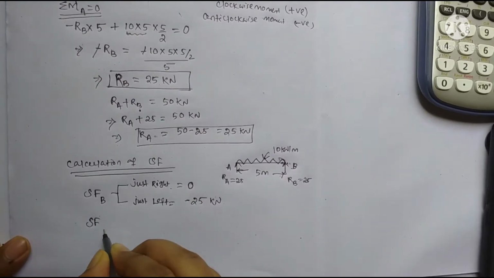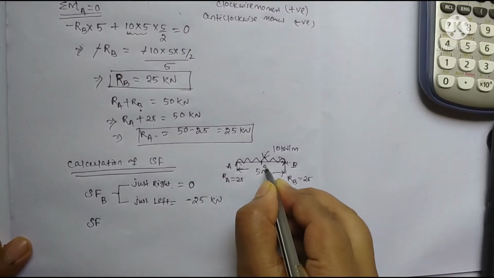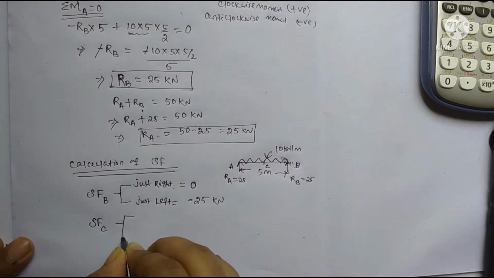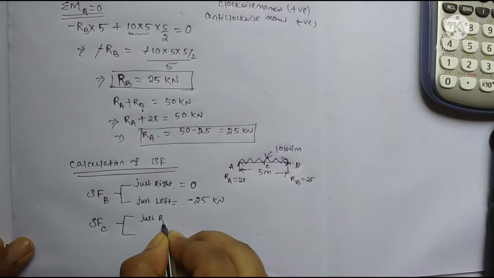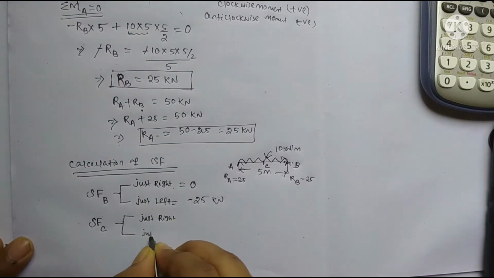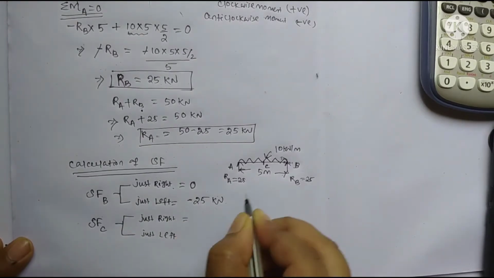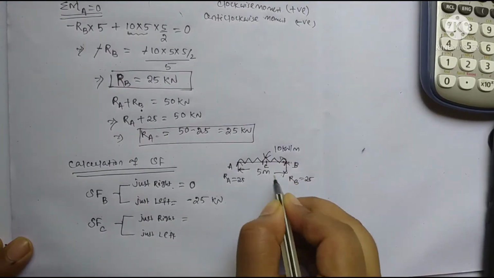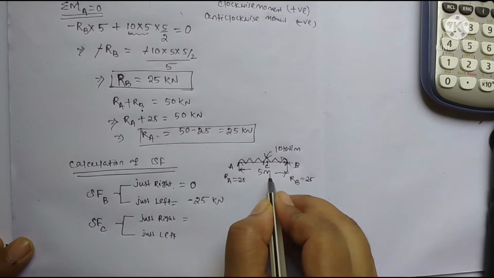Then shear force at point C, that is at midspan. So shear force at C, just right and just left. Just right means at this point, what forces will act?